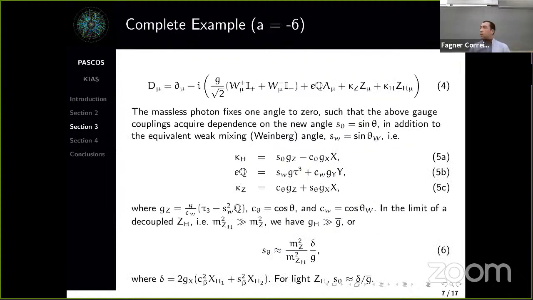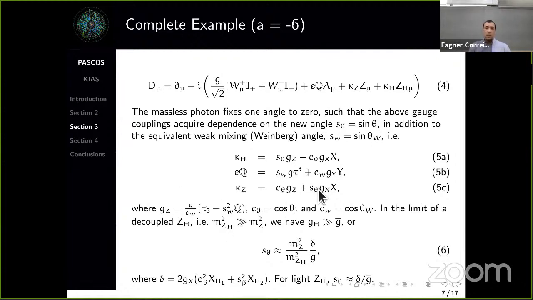Okay, so just a very brief discussion about how the gauge sector changes in this theory. The covariant derivative now gets the contribution of this new vector, and the coupling with the Z, all the gauge couplings, is now affected by a new mass mixing effect, which is measured by this theta angle, where g_Z is the usual standard model coupling given by this formula.